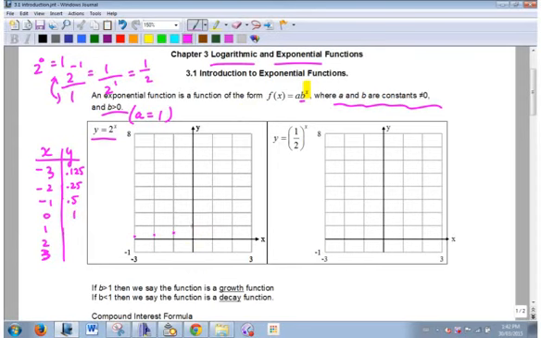So 0, I got 1. What's 2 to the 1 power? 2. What's 2 squared? 4. What's 2 cubed? 8. And wouldn't you know it, look at that, my scale works perfectly.